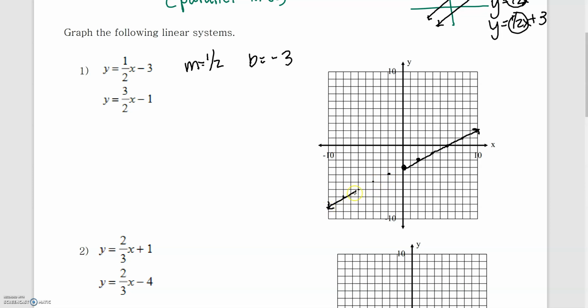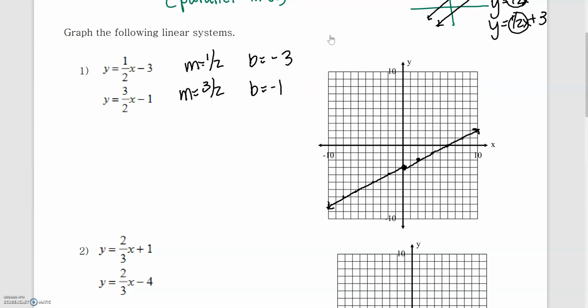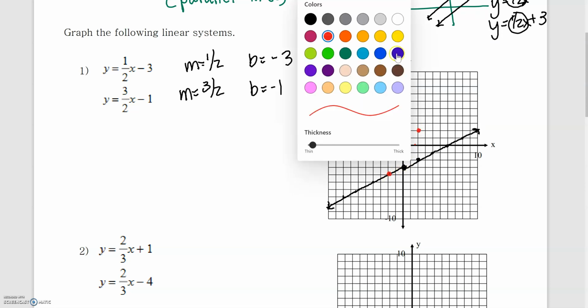So here is my line, and then this slope, 3/2, and then your b, -1. So -1 right here, and then up 3 over 2, down 3 over 2. Oh, I think I found it.